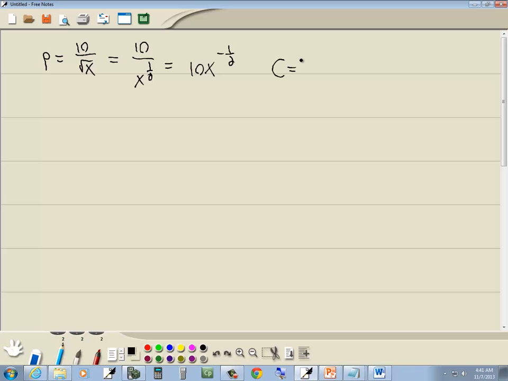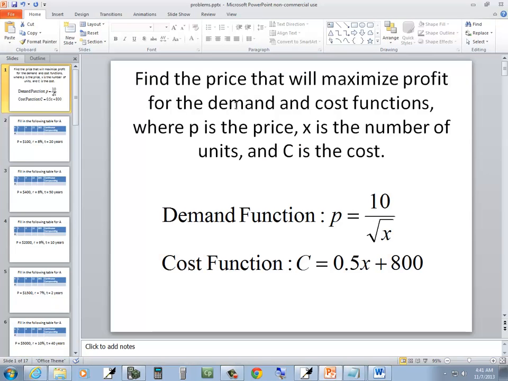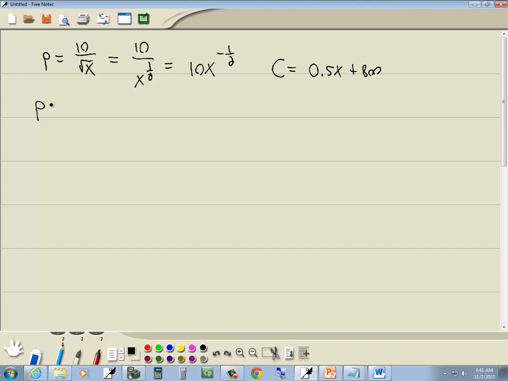C, our cost function, is 0.5x plus 800. And the instructions say to find a price that will maximize the profit. So maximize profit is our goal. Well, let's write down what profit is. Profit is equal to revenue minus cost, and revenue is x times little p, minus cost.